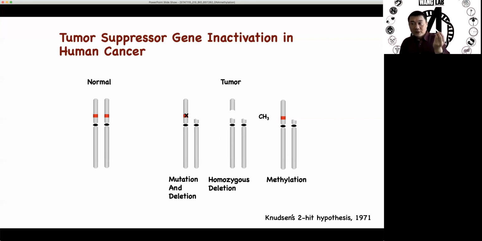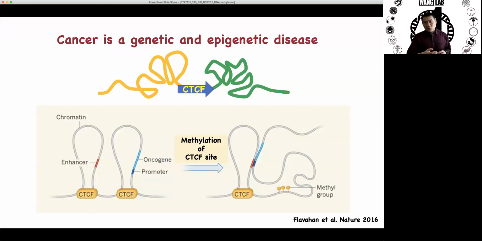So a lot of tumor suppressor genes were actually discovered by identifying this abnormal methylation pattern. So this is a recent example where people show how an epigenetic event alone can lead to tumorigenesis, right? So this relates to how chromatin is wrapped around in the nuclei. I believe you will have a lecture on that, right?